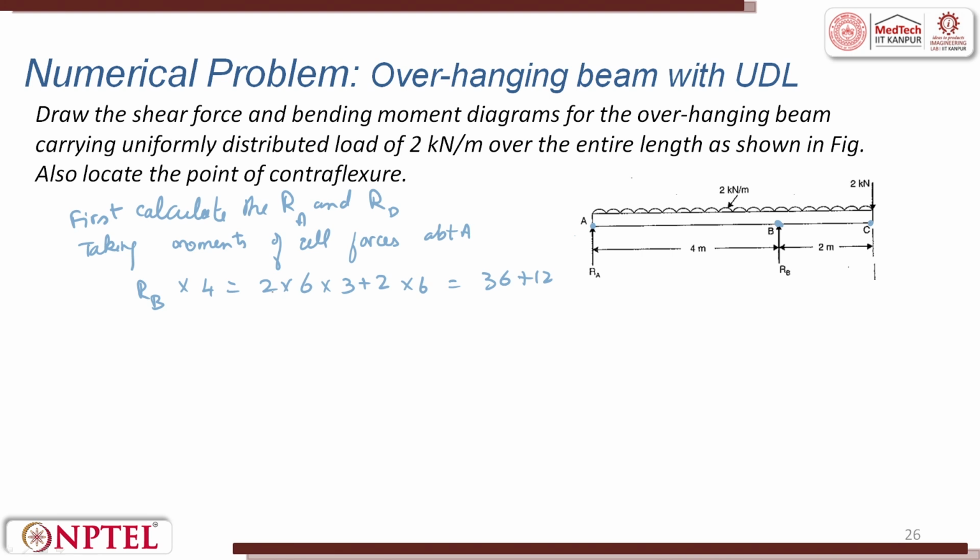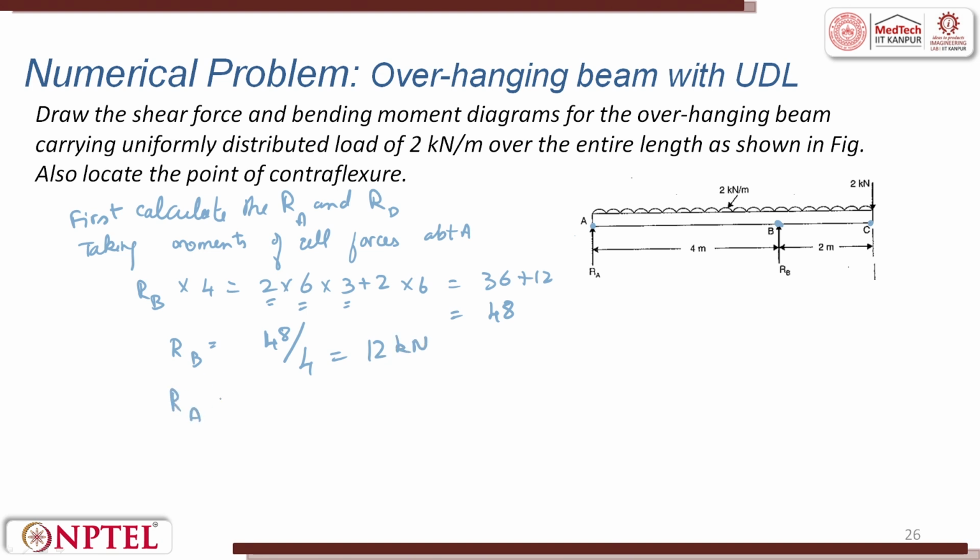So, 2 kilonewton into 6 meter multiplied by 3 plus 2 meter into 6. So, you get an answer of 48. So, RB is nothing but 48 divided by 4, which is 12 kilonewton.